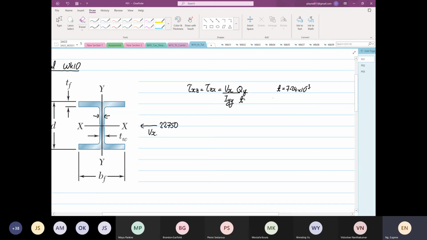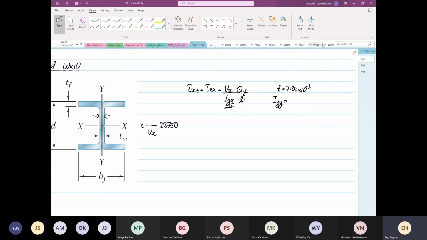Okay, we also can get the value of Iyy. We have to use Iyy because the Vx is intersecting the axis in yy, right? So that's why you have Iyy down here.